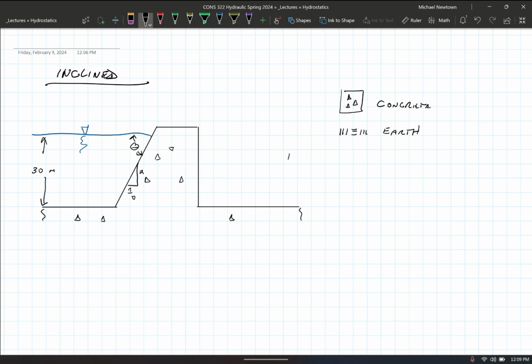We're going to find the resultant and center of pressure. You guys get the gist. When I write down COP, we're looking for center of pressure, right? Okay. And we're going to assume a specific weight equal to 9.81 kilonewtons per meter cubed.